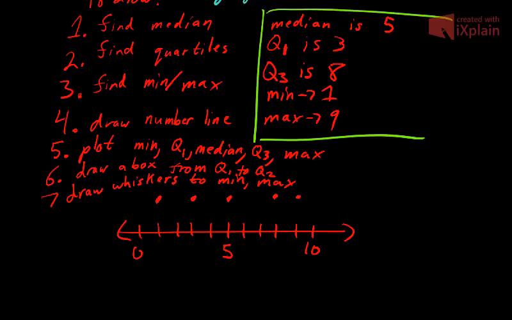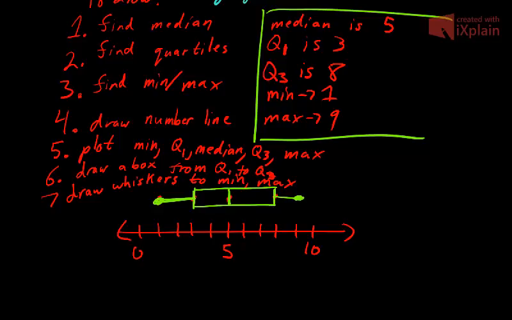If we draw our box from Q1 to Q3, this is Q1, that is Q3. And I'm just going to draw a box right here and make sure we can still see our median there. And after that, we just have to draw whiskers out to the minimum and the maximum. Whiskers are straight lines going out to the minimum and out to the maximum.